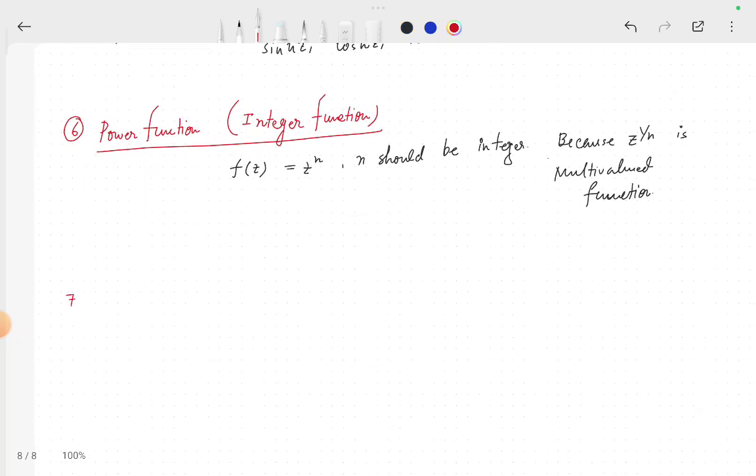Seventh is the principal logarithm. Principal logarithm after branch cut, that is very very important. What is a branch cut? We will also discuss.